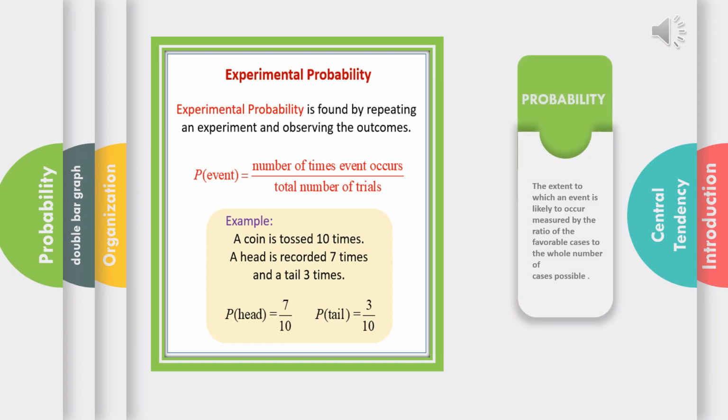An experiment in which we know all the possible outcomes but cannot predict the exact result of any trial is called a random experiment, or we can say it can also be called experimental probability. If the occurrence of an event is certain, it is a sure event.